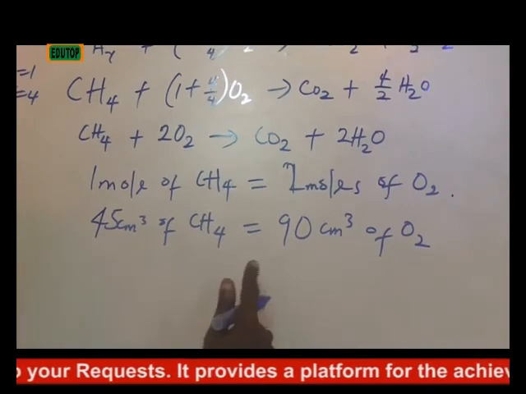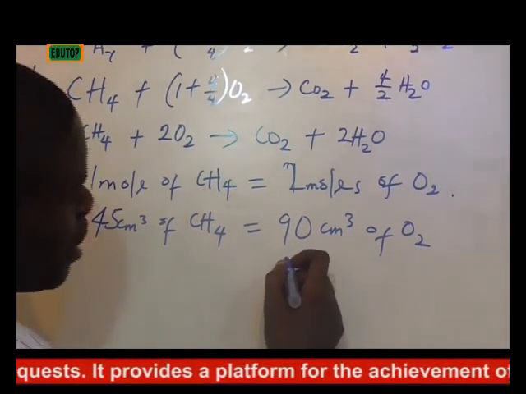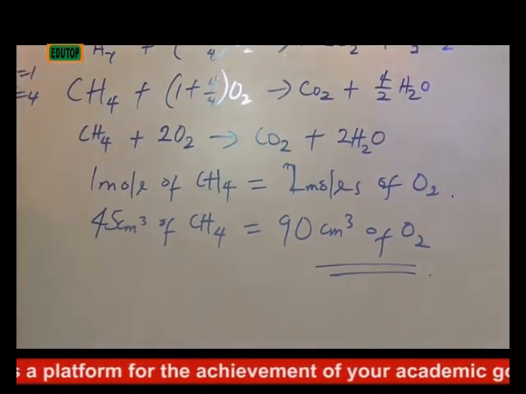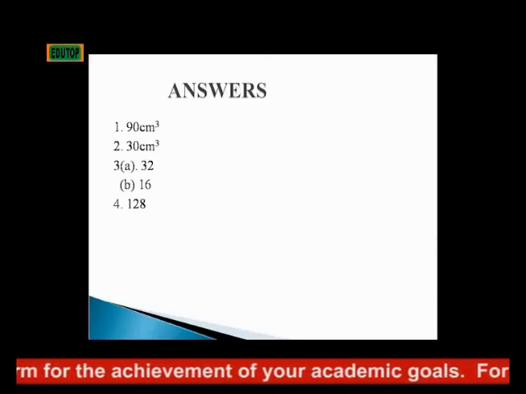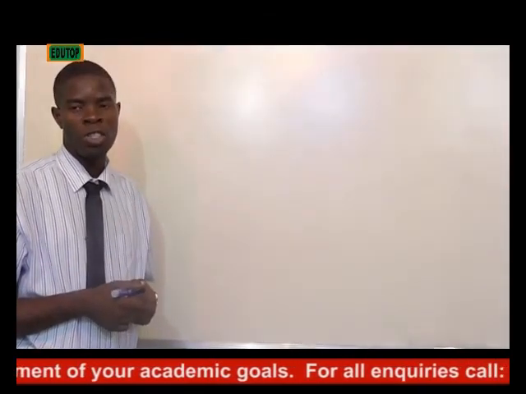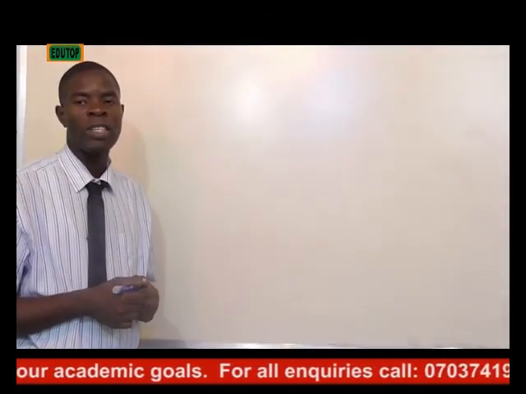So the answer to the question is 90 cm³ of oxygen. So the answer to question number 1 is 90 cm³ of oxygen.